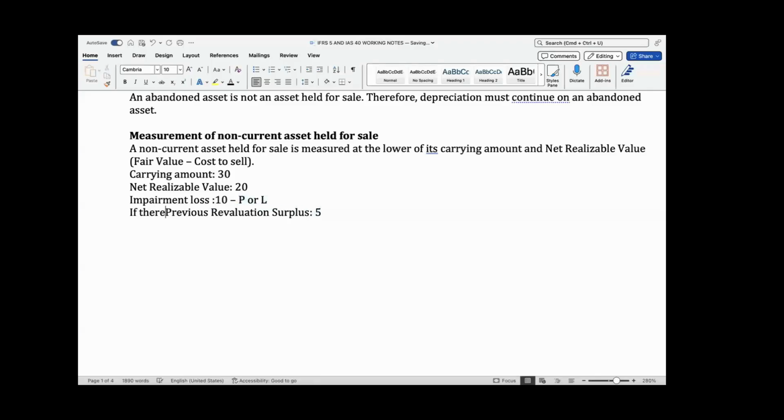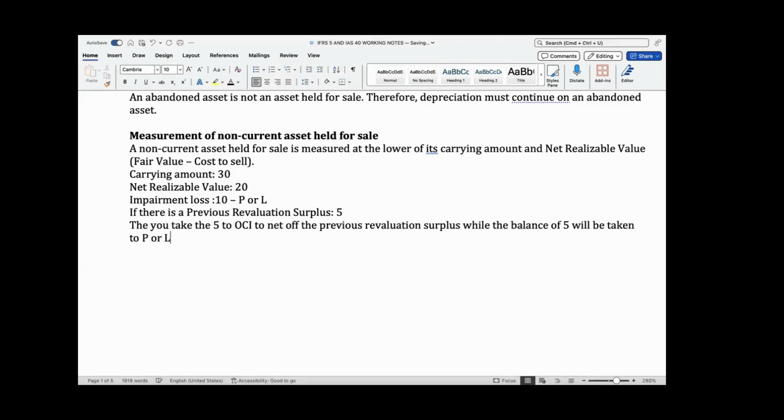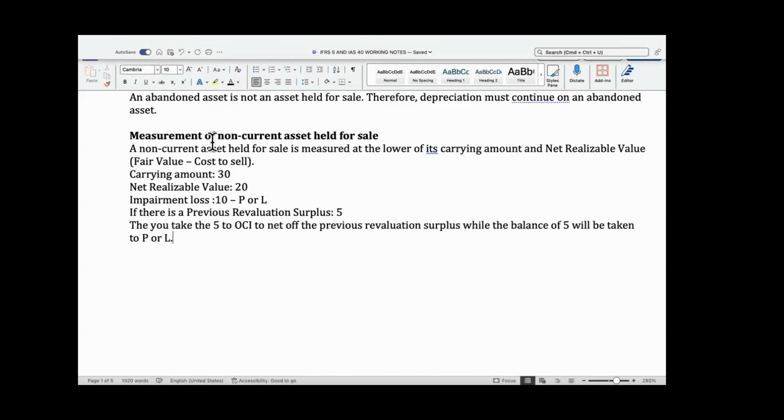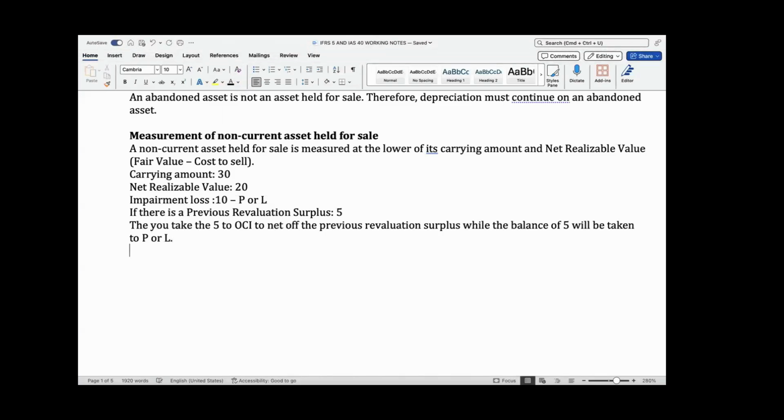So if there is a previous revaluation surplus on the asset, then you take the 5 to OCI to net off the previous revaluation surplus, while the balance of 5 will be taken to profit or loss. And that is how you measure a non-current asset for sale.